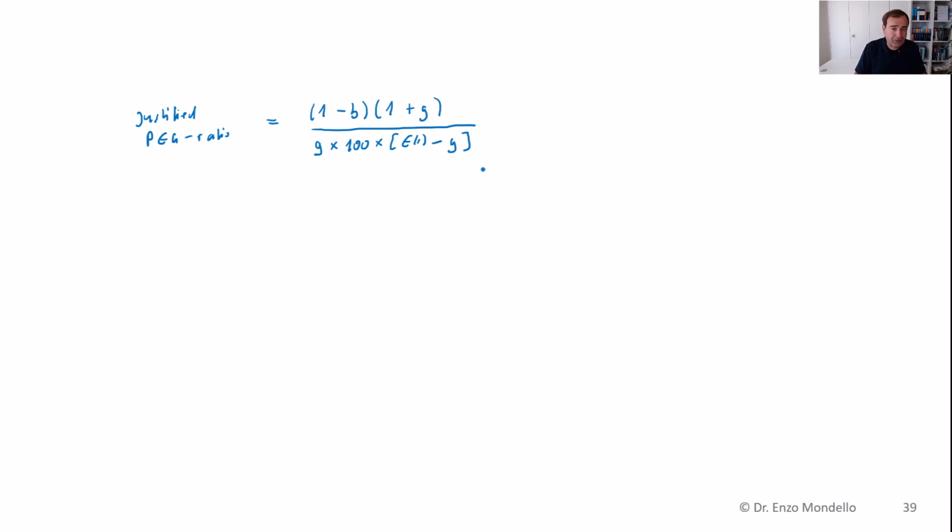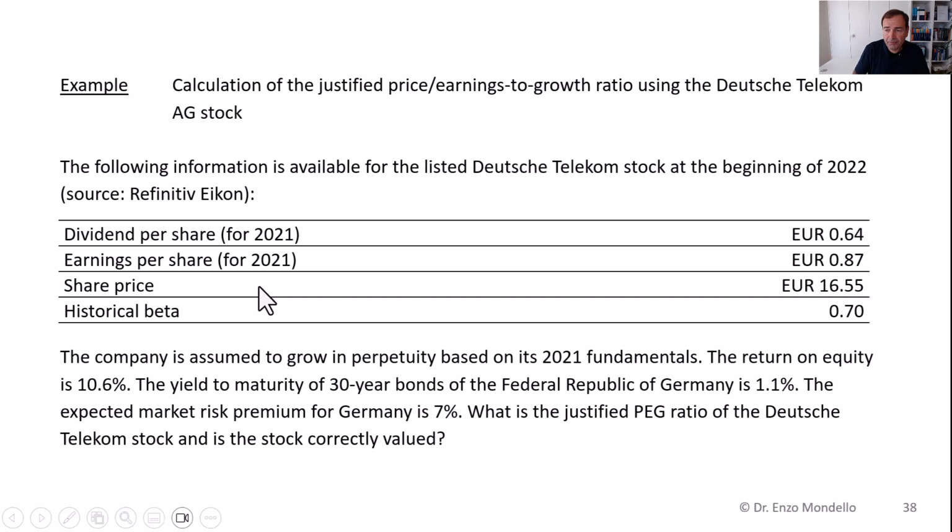And now let's calculate first 1 minus the retention rate of the earnings, so that's the payout ratio. The payout ratio is calculated as follows. We take the dividend per share, which in our example is 0.64 euros, and we divide that by the earnings per share of 0.87 euros.